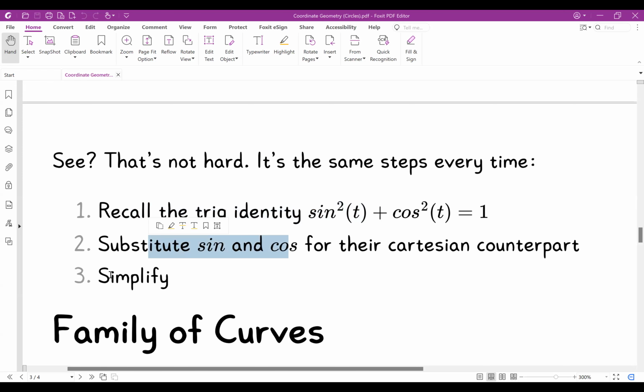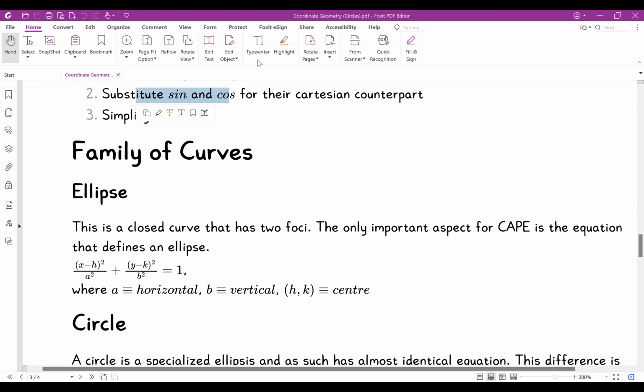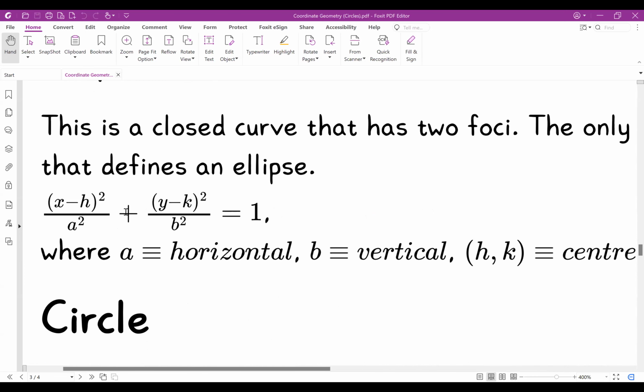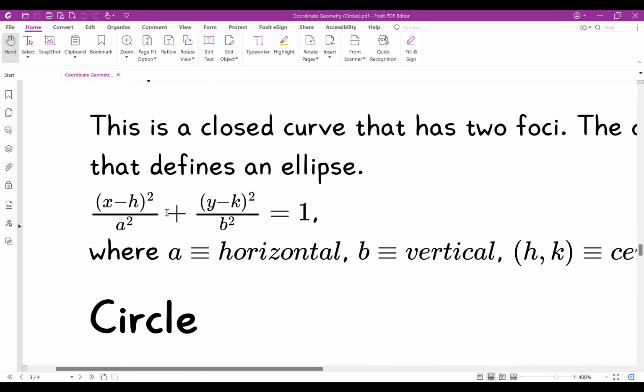Now there's a family of curves that CAPE will ask. CAPE will just be like, is this a circle? Prove that this is a circle. To prove that it's a circle, you want it to look like this. You just want to prove that the denominators are the same. It's r squared. Because if they're not the same, then it's an ellipse. In the ellipse, A and B are not the radius, they are how much it's stretching.